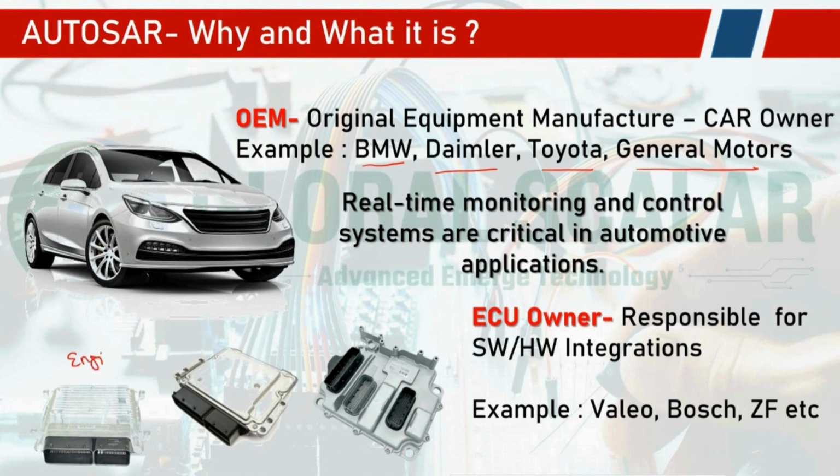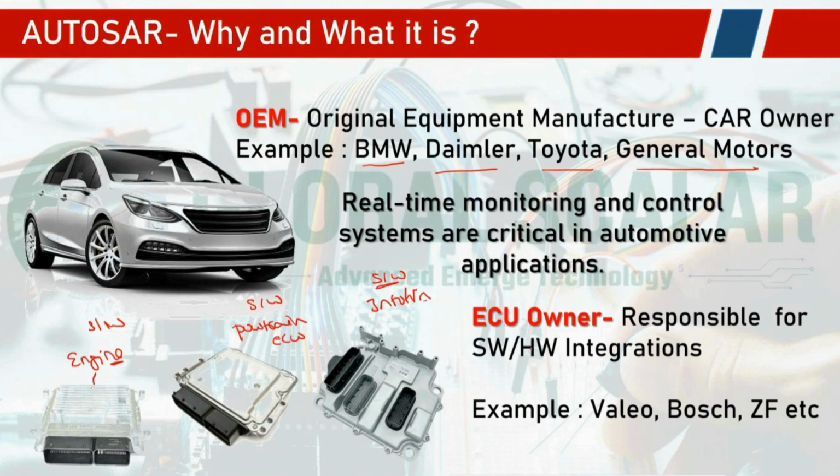For example, the engine ECU, the powertrain ECU, and the infotainment ECU. For the engine, engine software is developed; for the powertrain ECU, we require powertrain software; similarly, for infotainment, we have infotainment software.